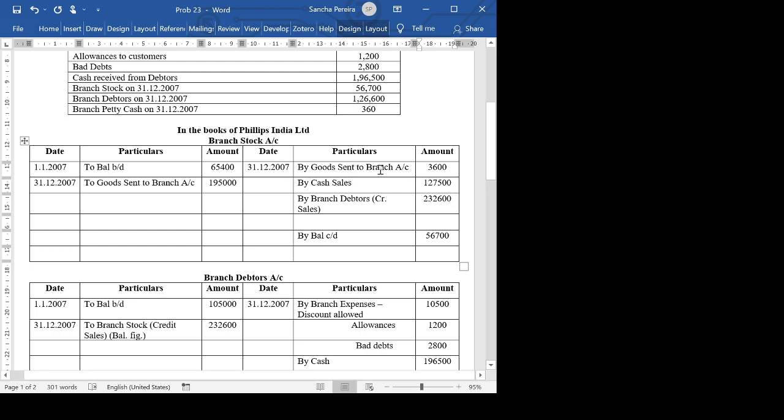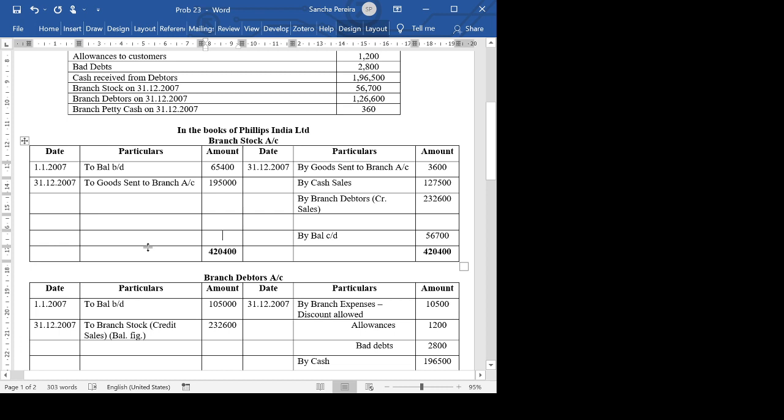So if you see, this side is heavier. We have here a total of 4,20,400. And then we calculate now.